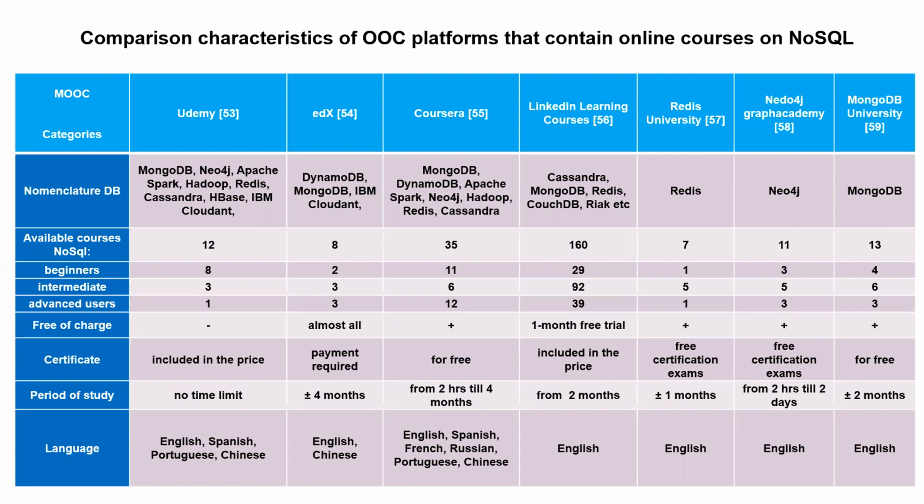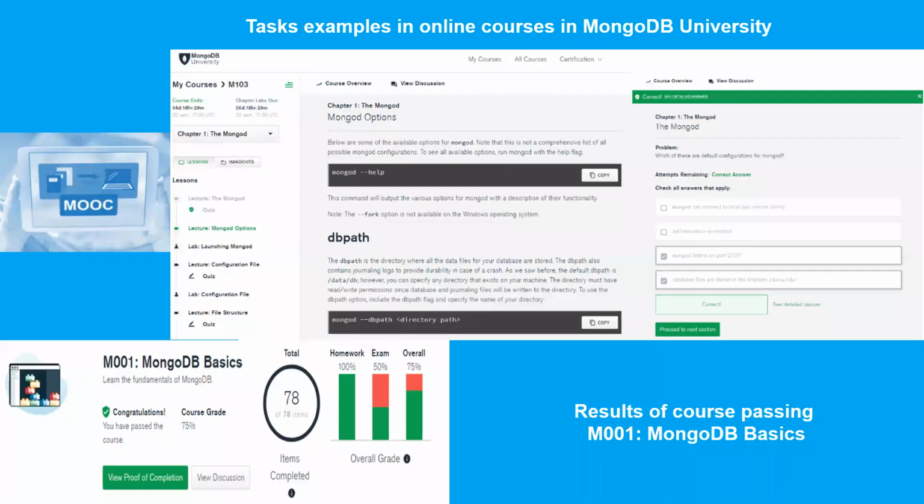Table one provides a comparative description of individual MOOC platforms containing online courses with NoSQL. The presented data show that the presented MOOCs contain courses on various aspects of NoSQL in a very wide range.